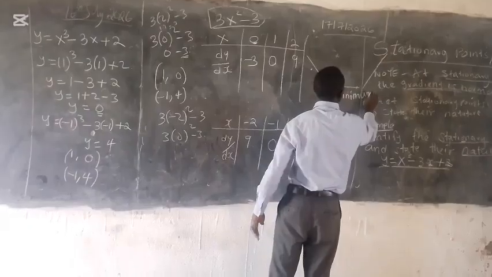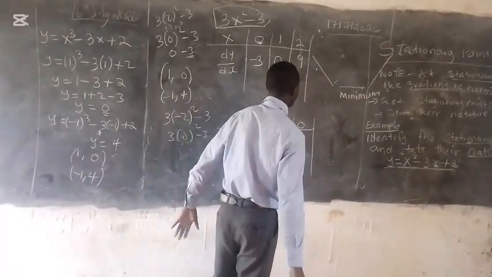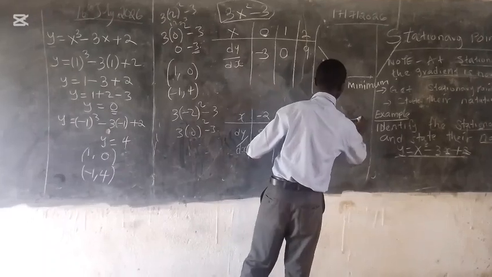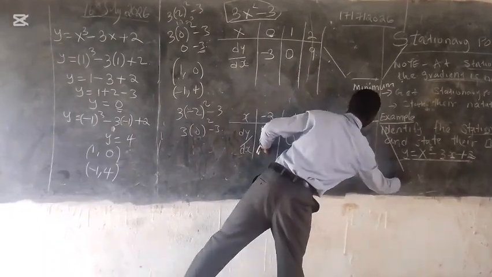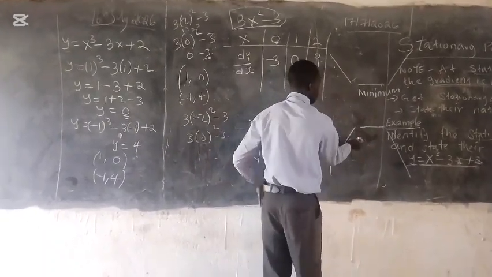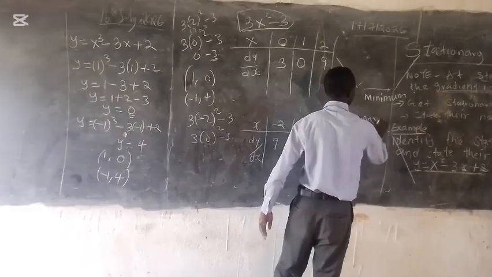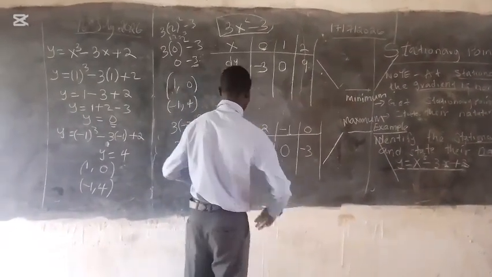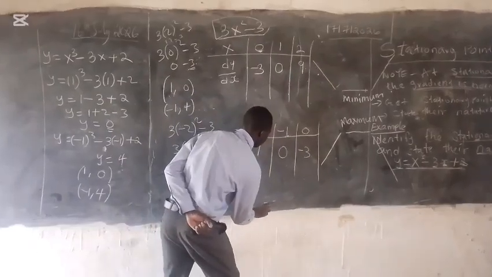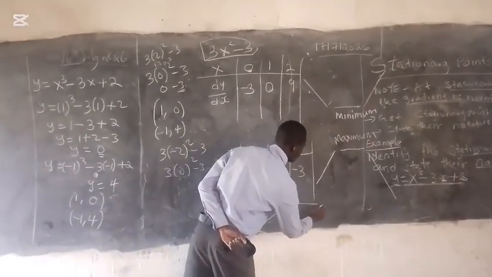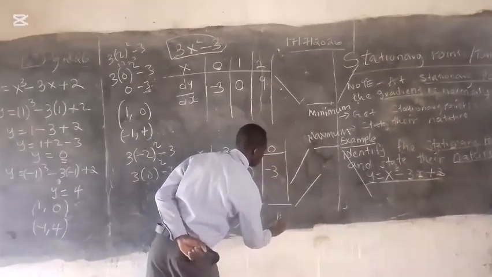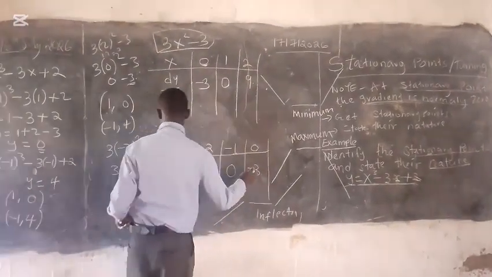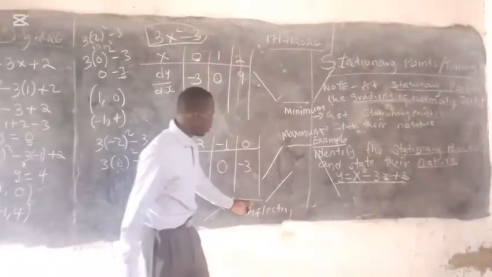This one is coming from the positive through 0 to the negative, so we say it is maximum. That's how we state the nature. We have only 3 natures. We also have one where we go from the negative through 0 towards the negative. It's called a point of inflection. Where we have negative here, we also have negative here, so it is called a point of inflection.